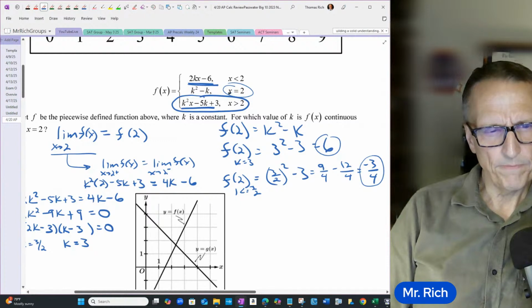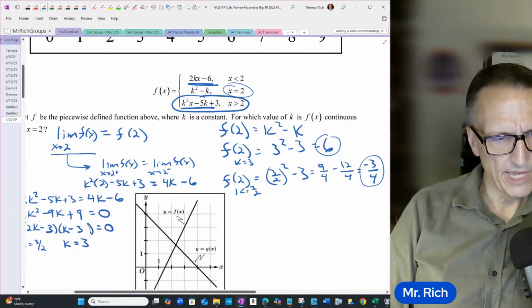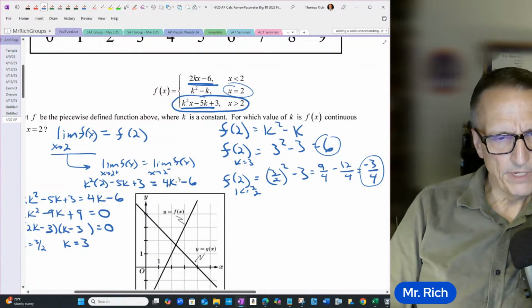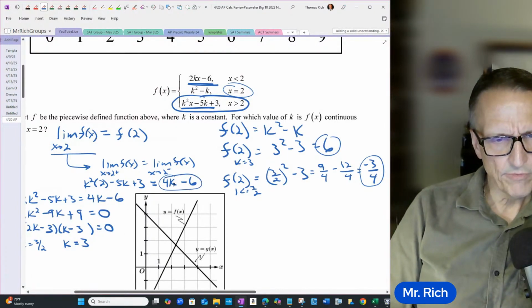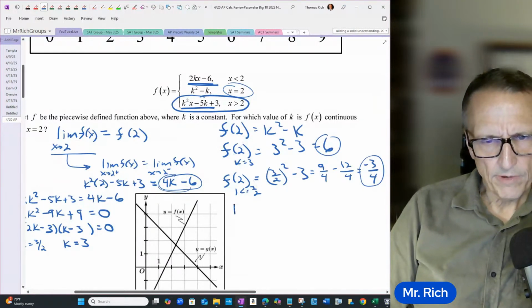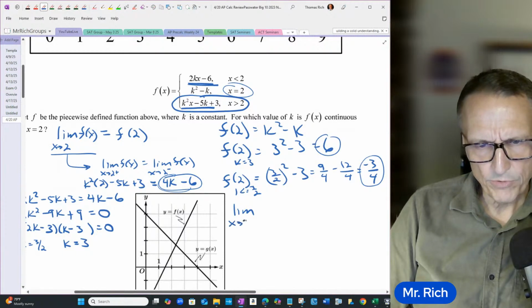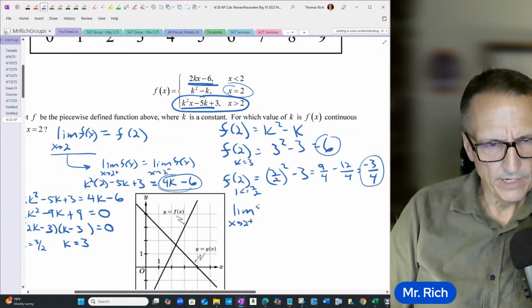So what I want to do then is see which one of these k values is really what we want. So we have to go back up here and see, gosh, what happens if k is 3? That's going to give me a 6. Do you see that? So I'm going to say, what is the limit as x approaches 2 from the right when k is equal to 3?